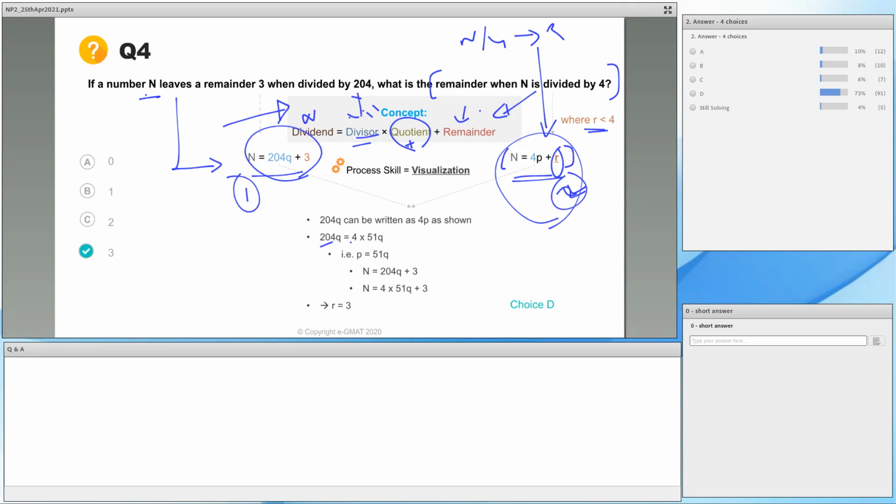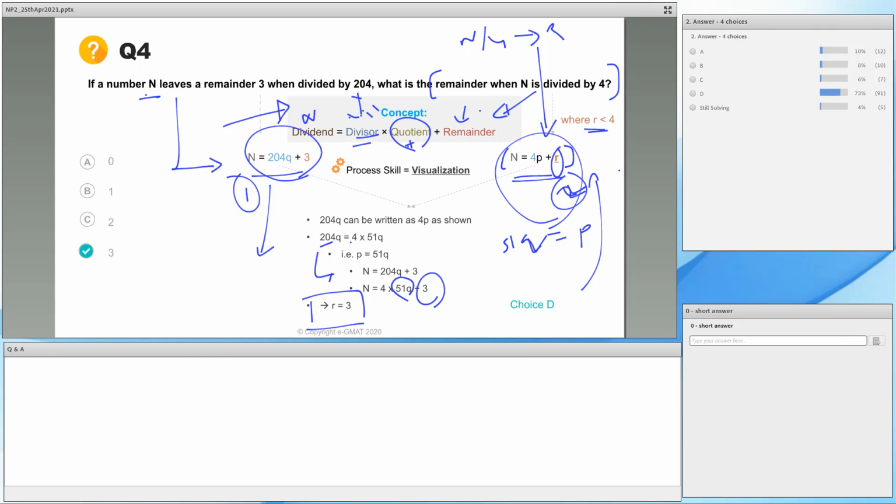So in this case, it's very, very straightforward. All I had to do was make this conversion. 204q is 4 into 51q. I don't care about this quotient. My 51q is equal to this p in this equation. So what I've done is I have taken this statement and brought it to this format. And then what remains therefore is the remainder, right? So your answer is r equal to 3.